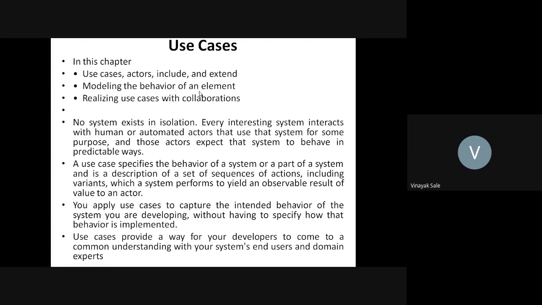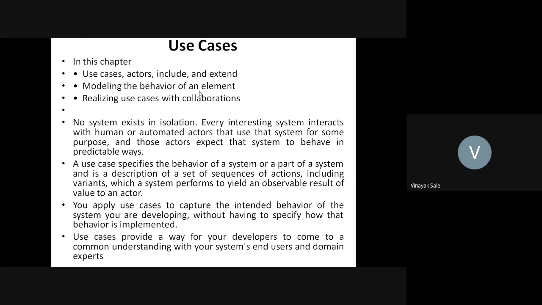So, no system exists in isolation. Every interesting system interacts with human or automated actors that use the system for some purpose. For example, suppose you want to withdraw money from your account. There are two ways: either you go to an ATM or to the respective bank.